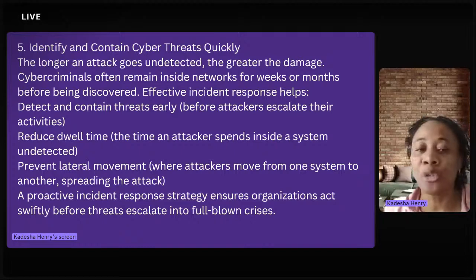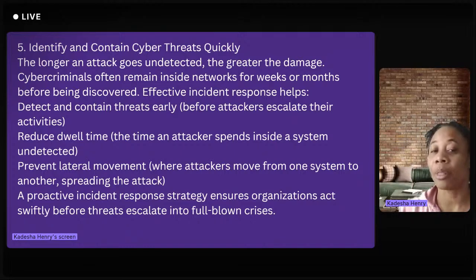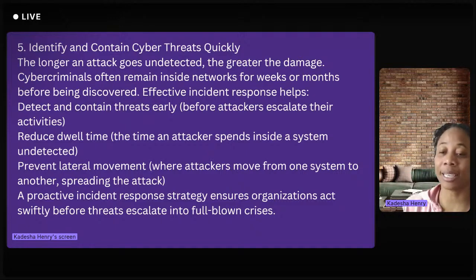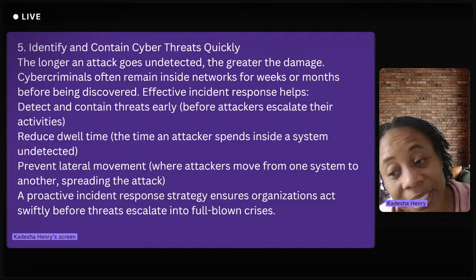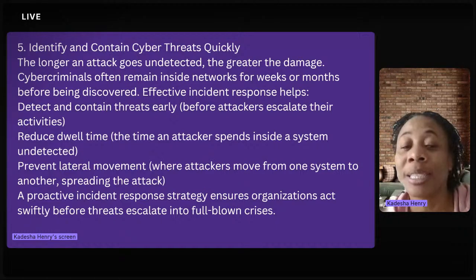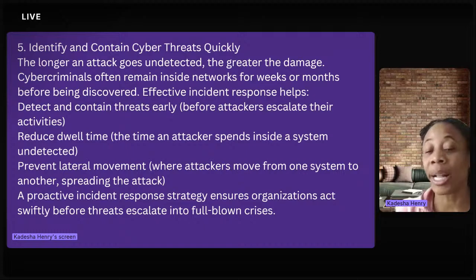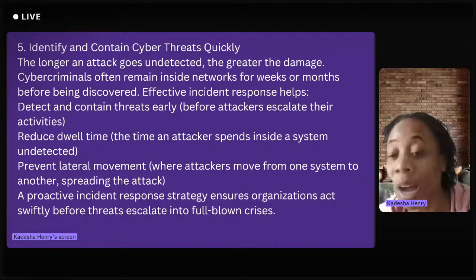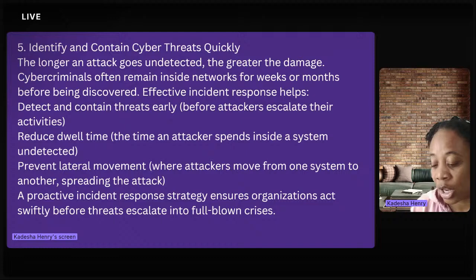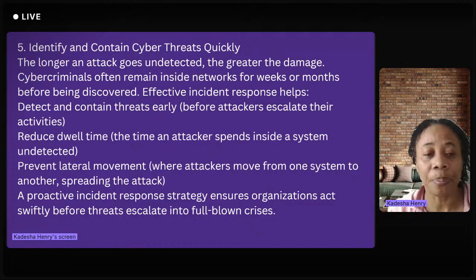It can reduce dwell time, the time an attacker spends inside a system undetected. So if you have a cybersecurity incident response plan, it will help to detect and reduce dwell time. So you are able to deal with all of this, right?